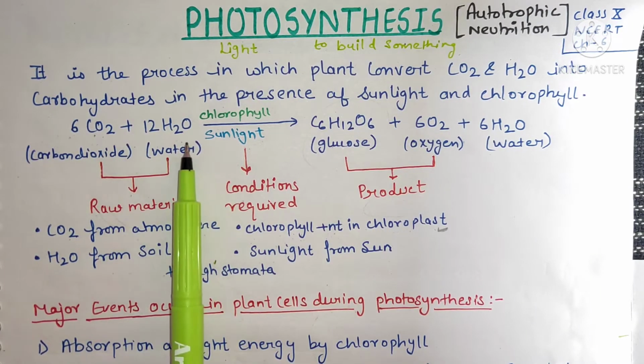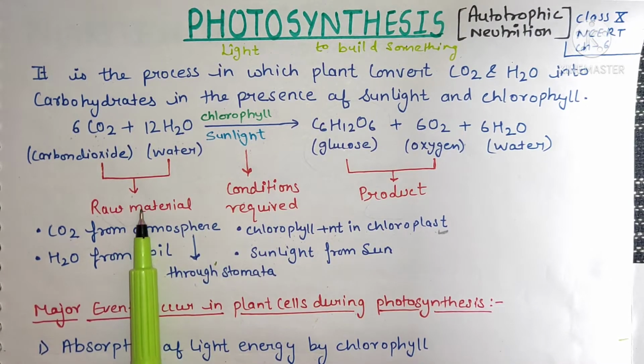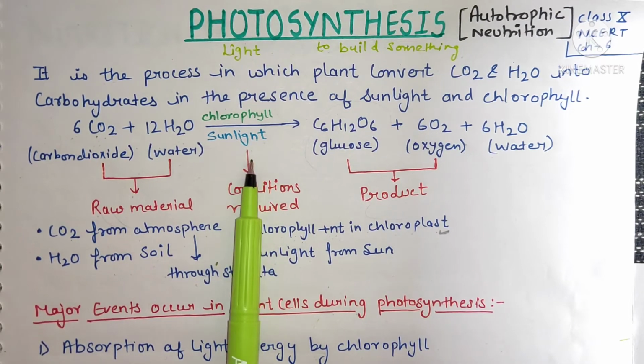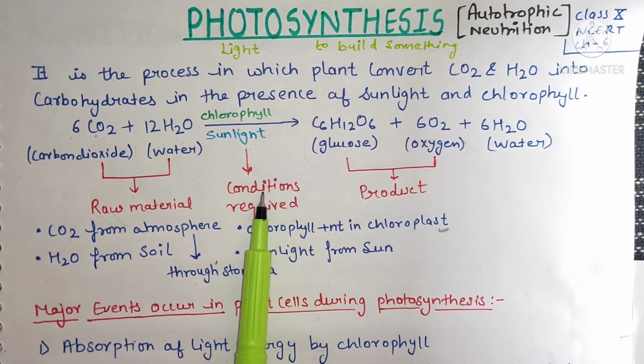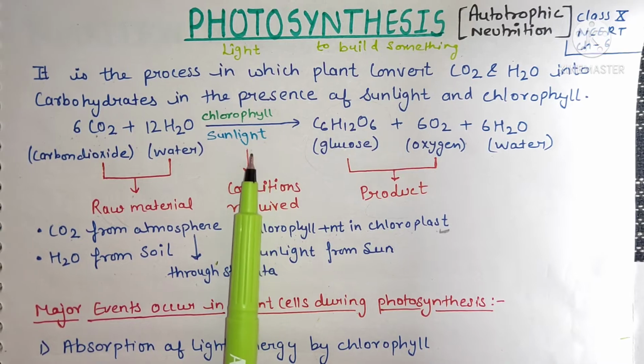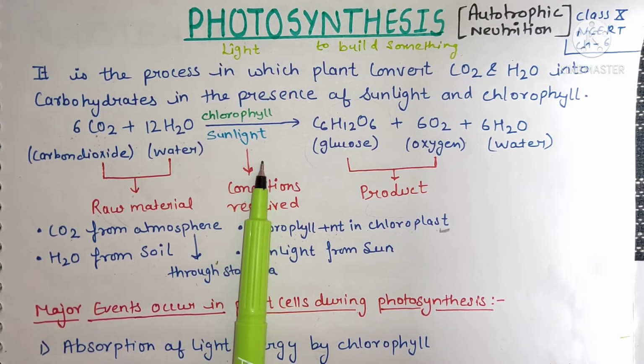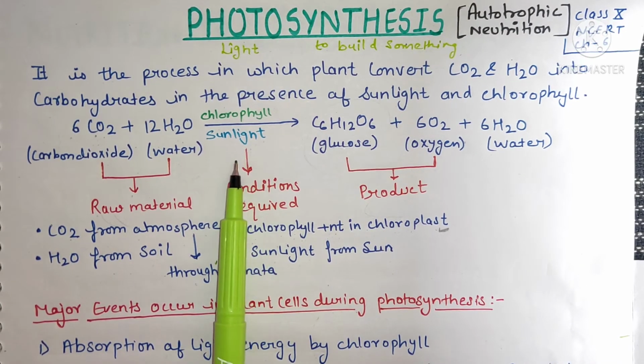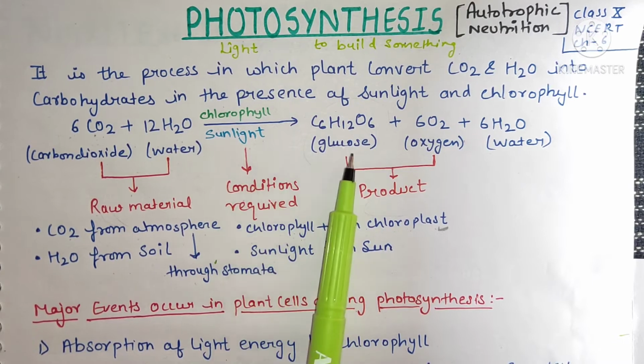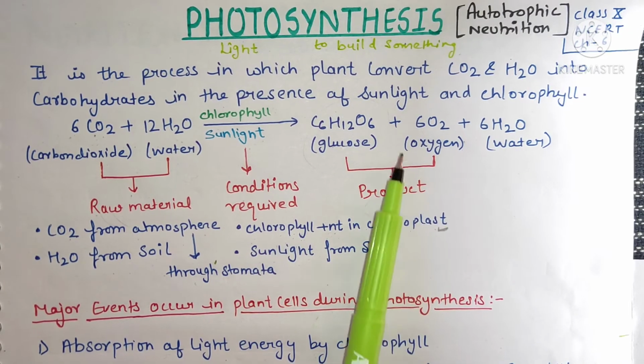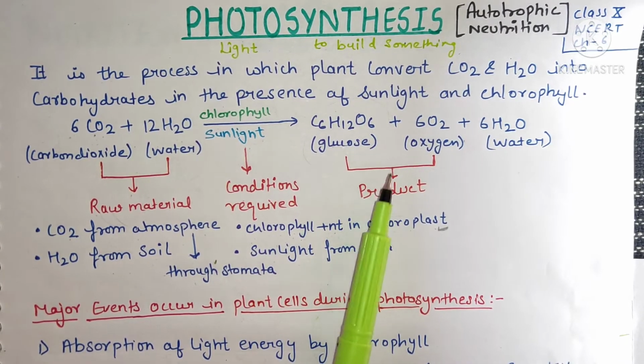Carbon dioxide and water are the raw materials. Chlorophyll and sunlight are the essential conditions. Without them, photosynthesis is not possible. Glucose and oxygen are the products of photosynthesis.